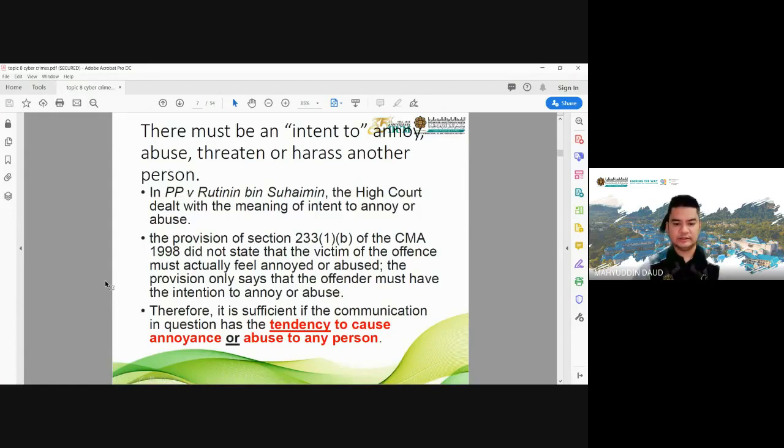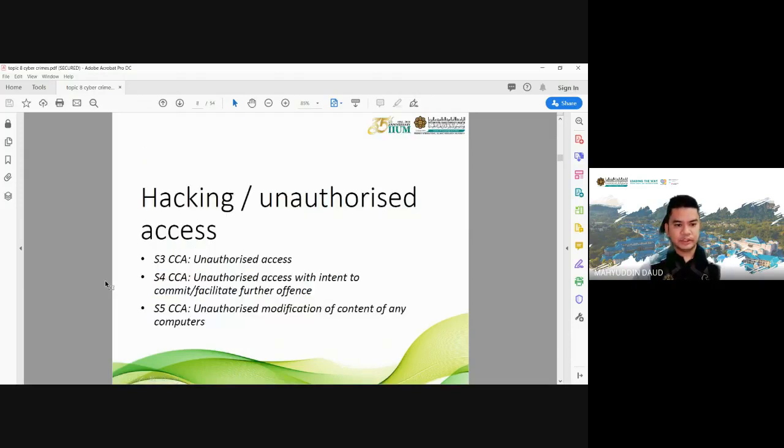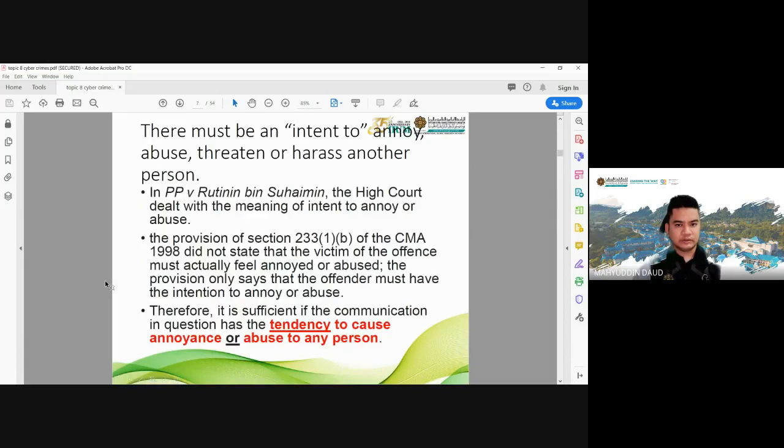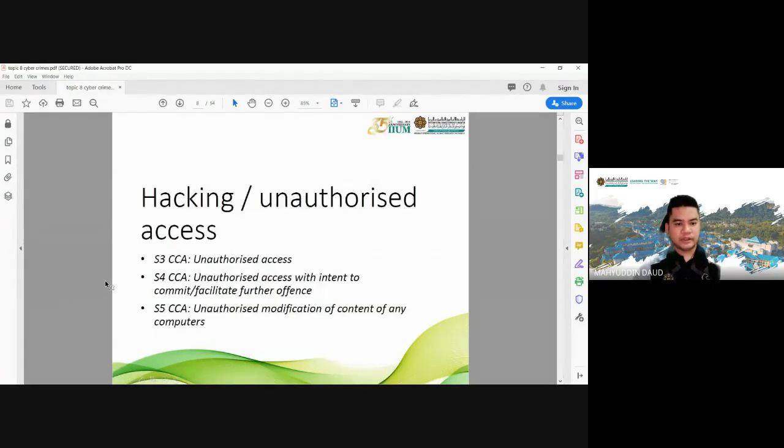If that is proven, meaning that a prima facie case has been raised, and the defense fails to rebut or raise a reasonable defense, then the accused person can be found guilty. Okay, so that is on Section 233.